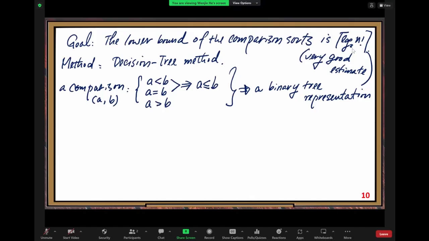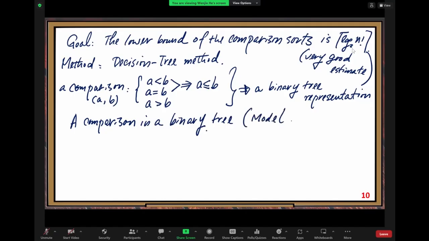Now let's look at a typical comparison representation in a binary tree. Here we use this binary tree to model the comparisons. I use this word, model, the comparisons.